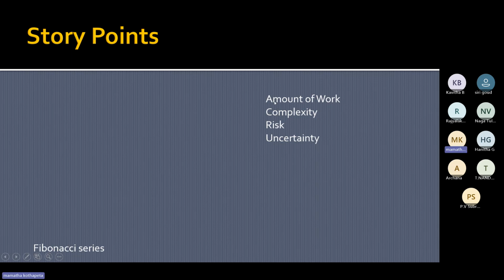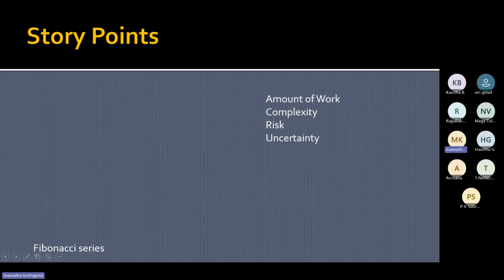Let's say out of 1, 3, 5, 7, I have given 5 as the amount of work for one particular requirement. 5 is a mid value, so it might have 50% more work when compared to others.